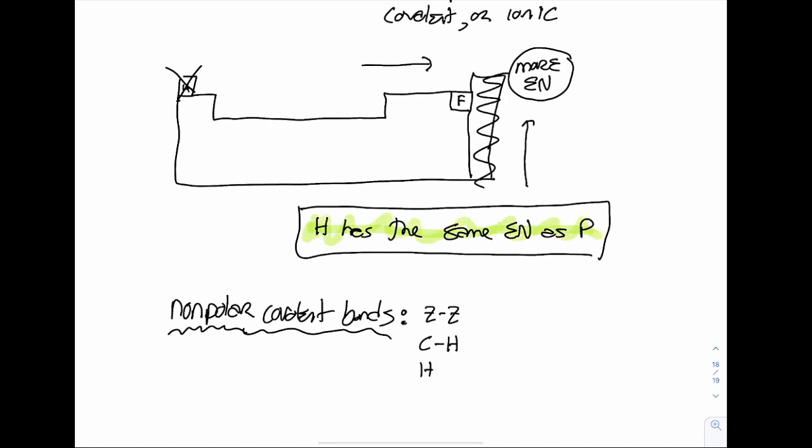So that's going to be nonpolar because they're pulling on them with equal strength. And then one more by association. If carbon-hydrogen bonds are nonpolar and hydrogen has the same electronegativity as phosphorus, carbon and phosphorus bonds are also going to be considered nonpolar covalent. Other covalent bonds that I give you, we're going to assume they're polar unless I tell you otherwise.